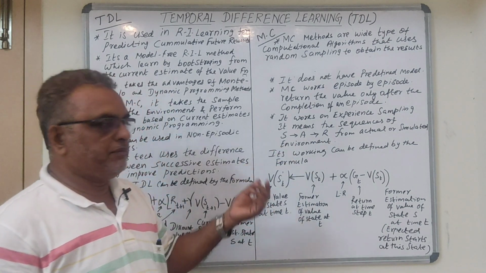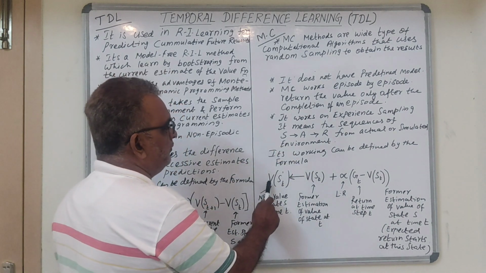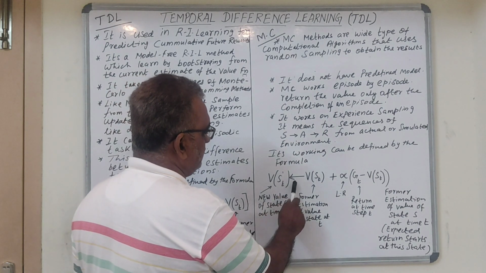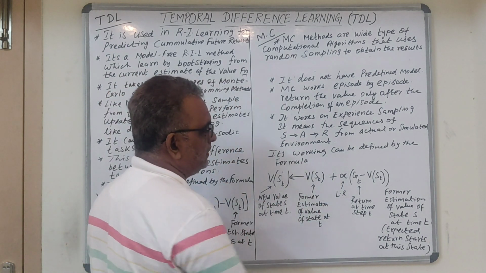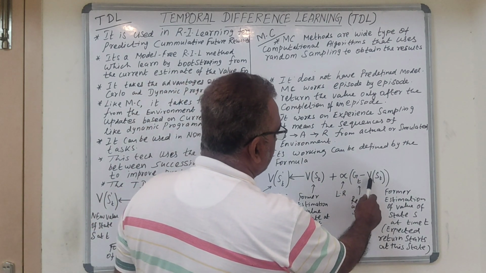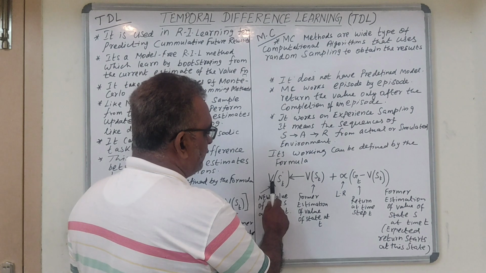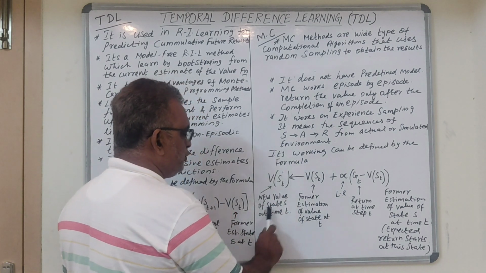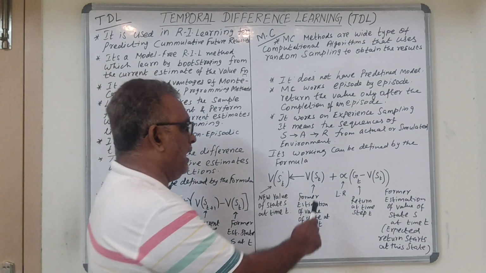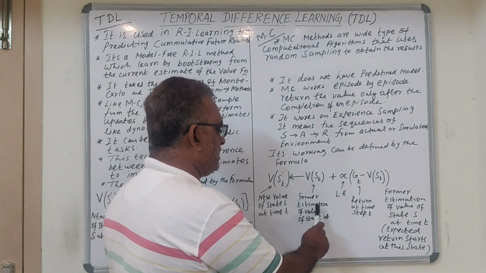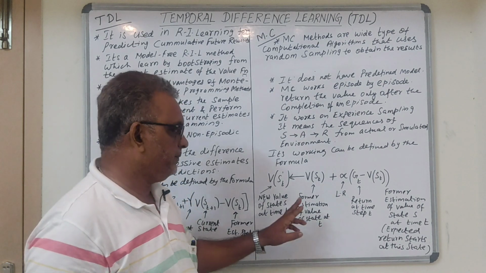It can be defined with the help of this formula: V of S dash t replaced by V of st plus alpha of Gt minus V of st. Here V of S dash t is the new value of state S at time t, and V of st is the former estimation of value of the state S at time t.